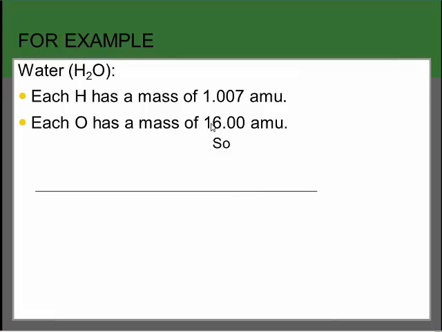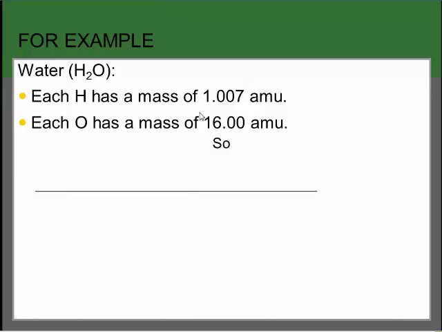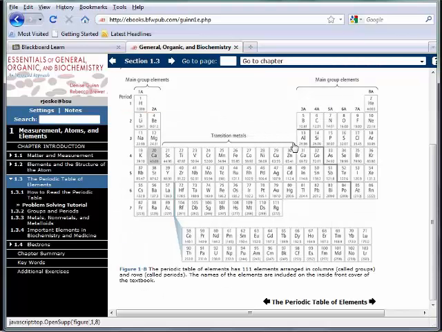Each O has a mass of 16.00 AMUs. And we get these numbers from the periodic table. So we look at hydrogen. This table says 1.008, close enough to 1.007. For oxygen, we look at the atomic mass, 16.00. So we'll use these numbers on the bottom now.